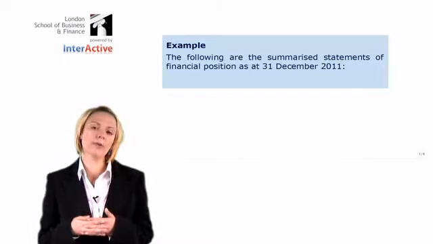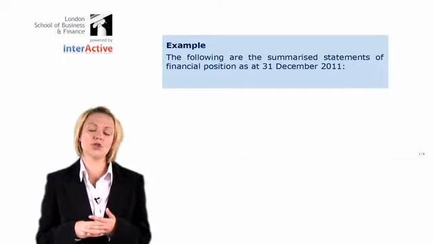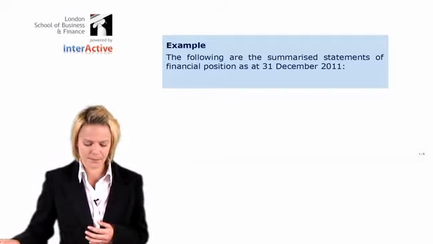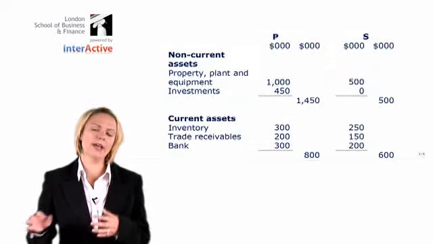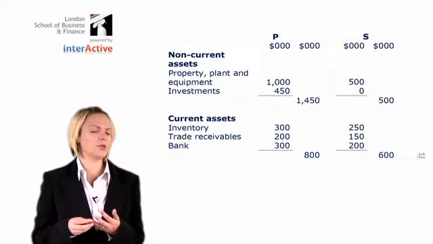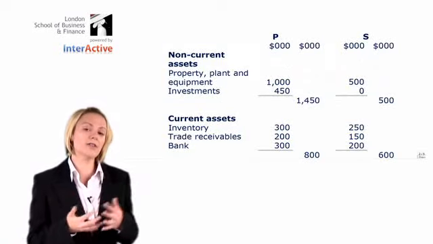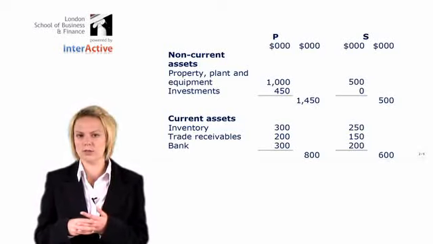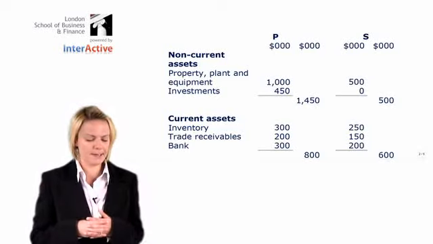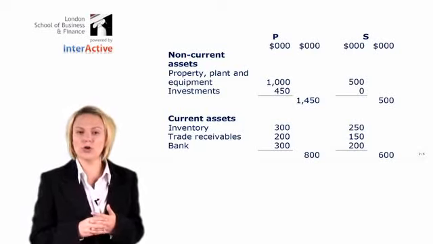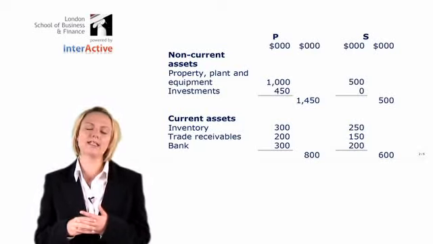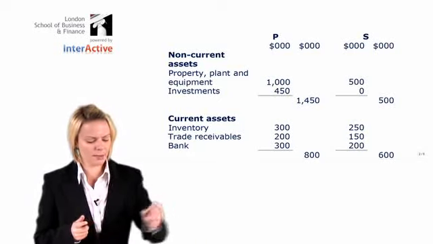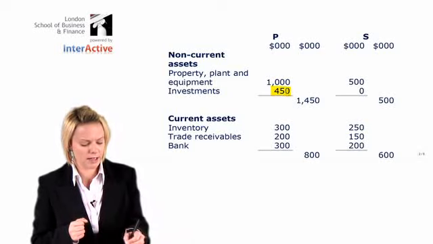It says, the following are summarised statements of financial position as at the 31st December 2011. And we can see then that we have two company sets of financial statements. We have the parent statement of financial position and company S's statement of financial position as well, so company P and company S. Can we see then under non-current assets we have some property, plant and equipment for P and for S. We also have some investments that P has made.